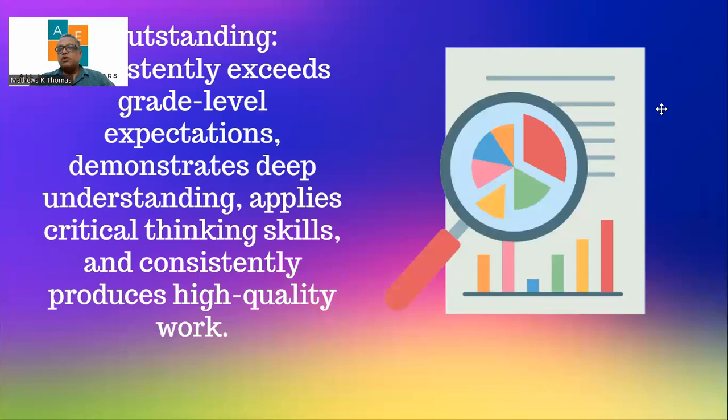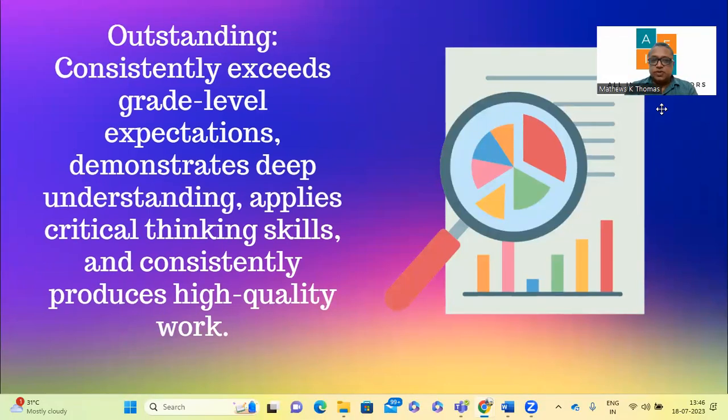So if I look into the academics, basically, we can say outstanding, who are your outstanding students, they are classified in one. So your A1, A, they come under outstanding. So outstanding means they have exceeded that grade level, whatever are the parameters involved in grading them, they have exceeded the expectations of the teacher, right?